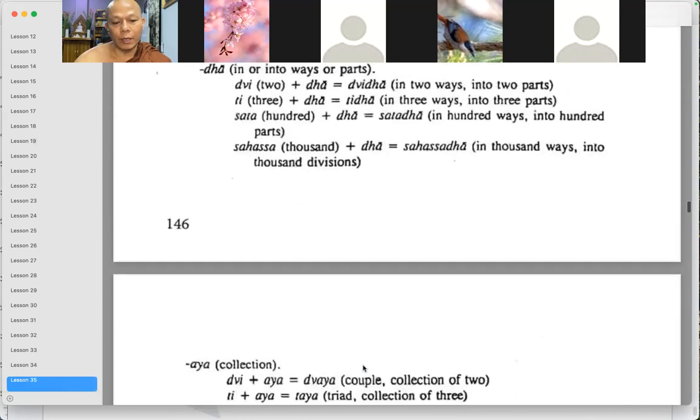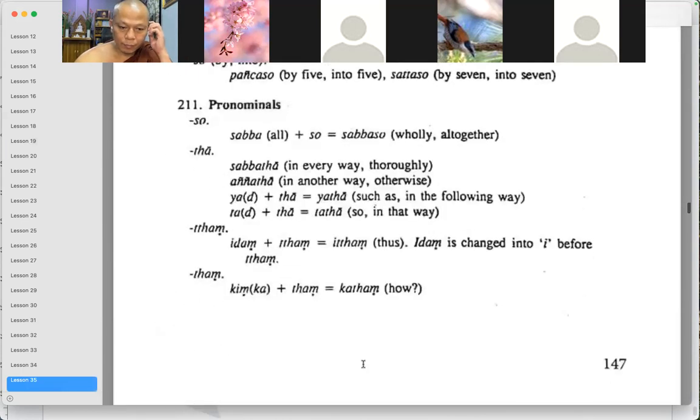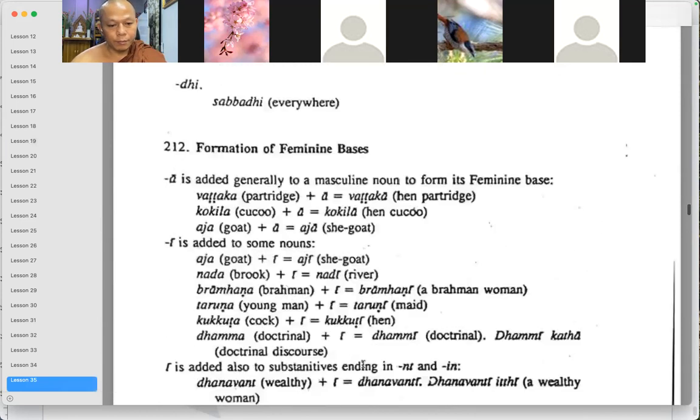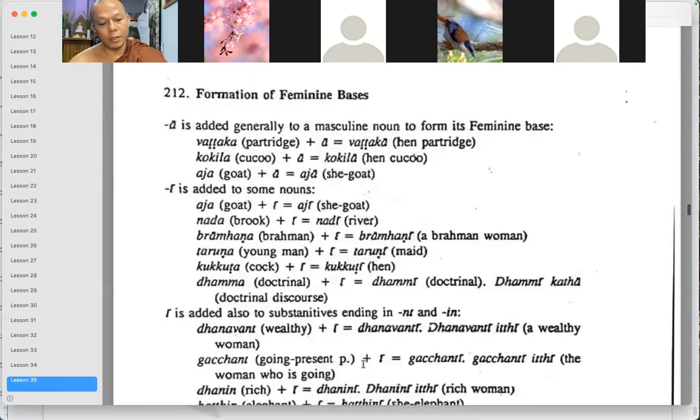So we already learned this actually, but again, formation of feminine bases.